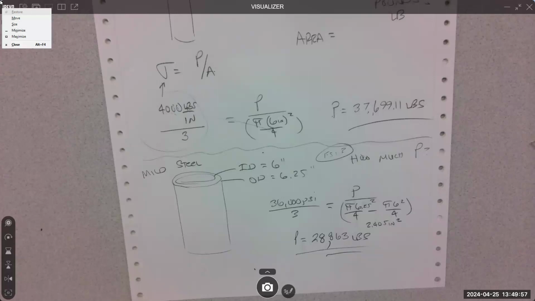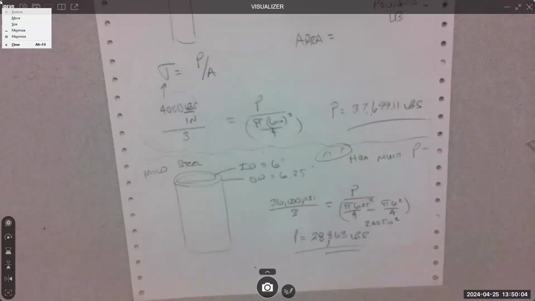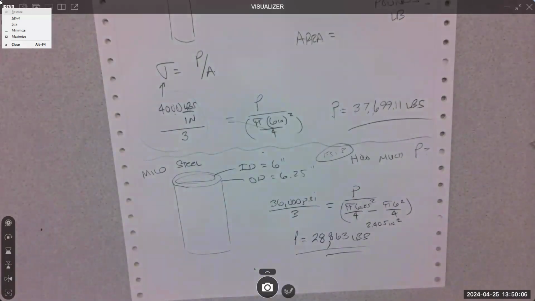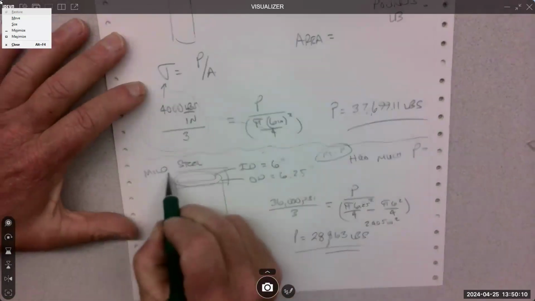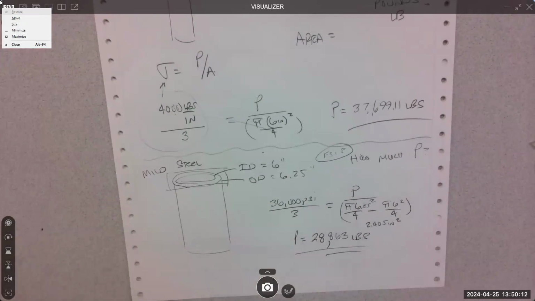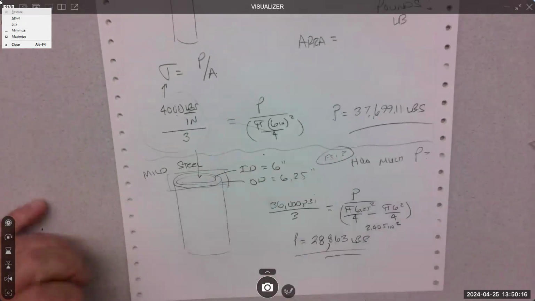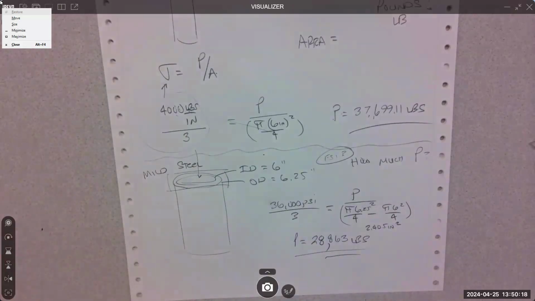Good question, is the load directly vertical? Yes, it's a directly vertical load. It would need to have a plate, because it has to hit the whole surface area, and then that load is coming straight down and symmetrically loading it. That's the assumption we're making.